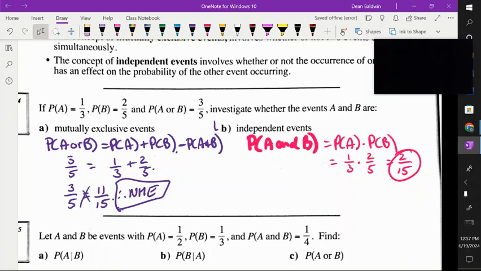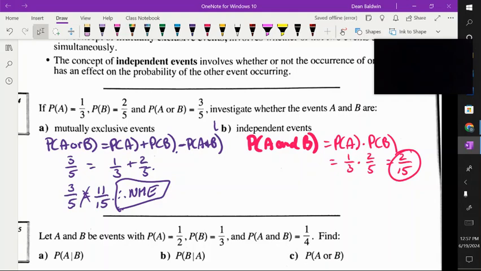They've given us all this information, so we proved that they are not mutually exclusive. There is some overlap between them, so we just have to find that overlap. Once we know that, we can determine if they're independent. We're trying to find this so that we can plug it in there and see if it equals 2 over 15.